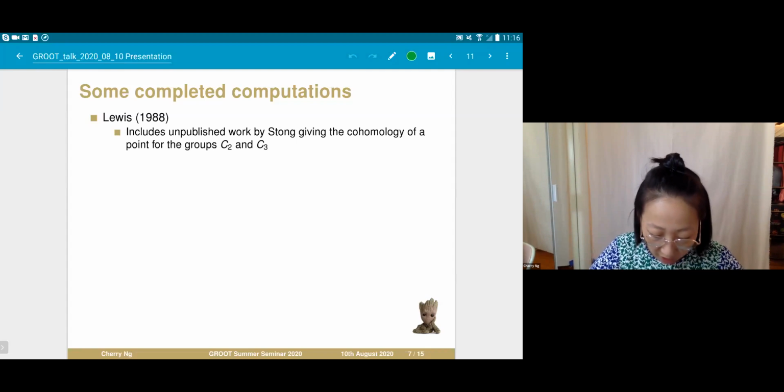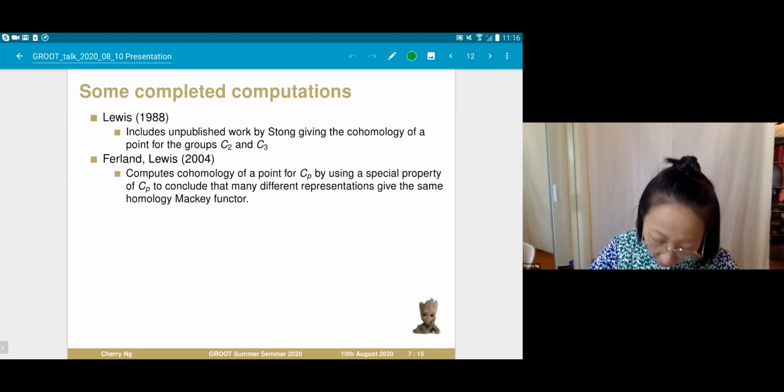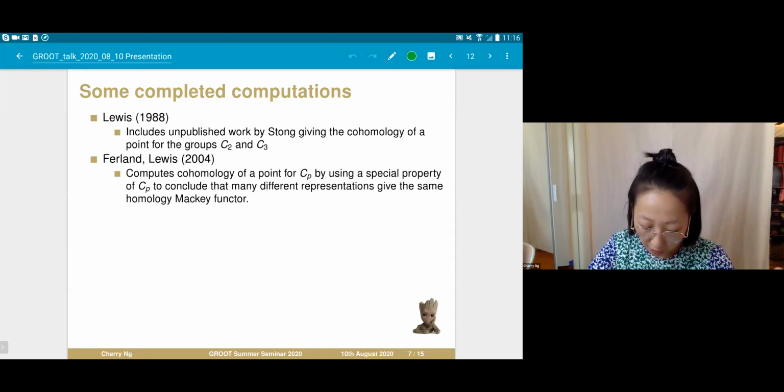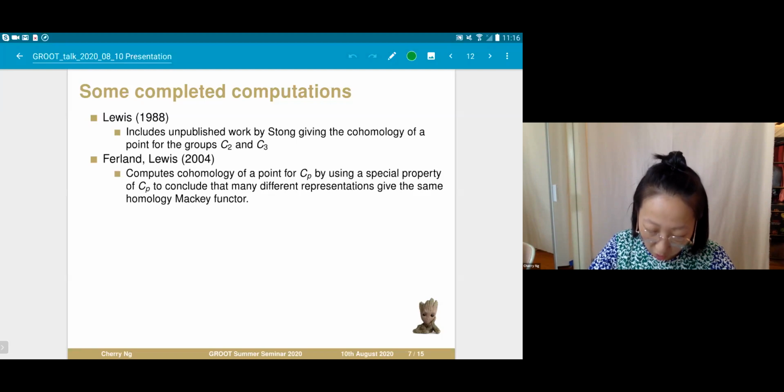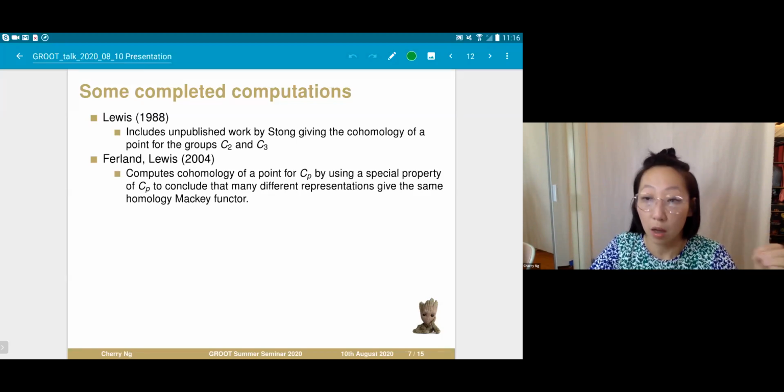Okay. So in 1988, there was a paper by Lewis where the appendix includes unpublished work by Stong, and in it, Stong computes the cohomology of a point for the cyclic groups C2 and C3. All right. Then in 2004, there is a paper that computes the cohomology of a point for the group C_p, where p is a prime, for cyclic groups of order p.